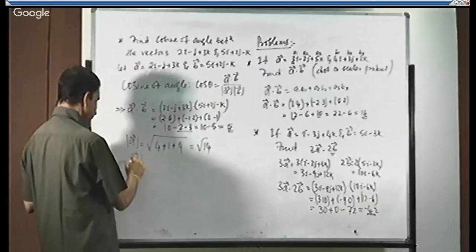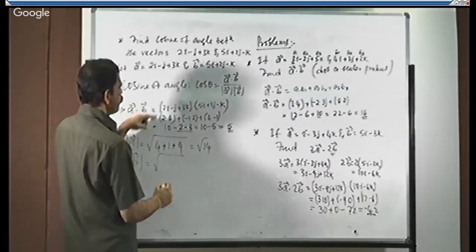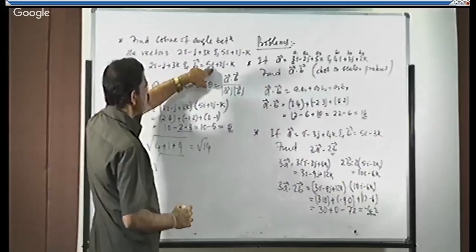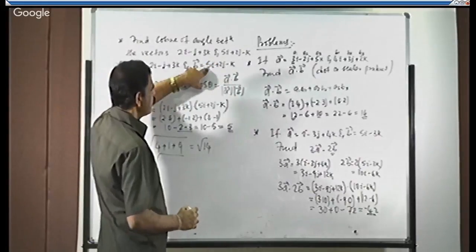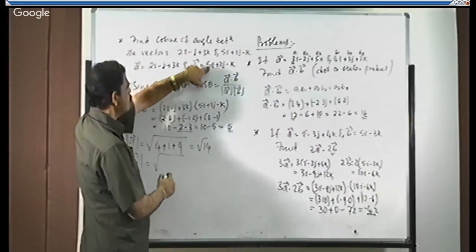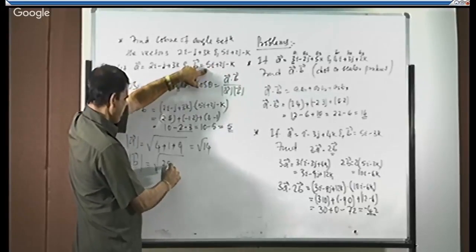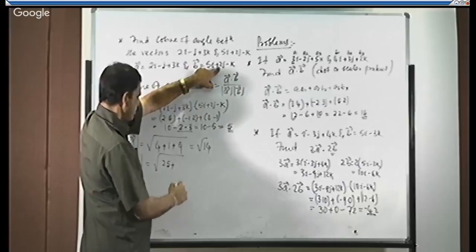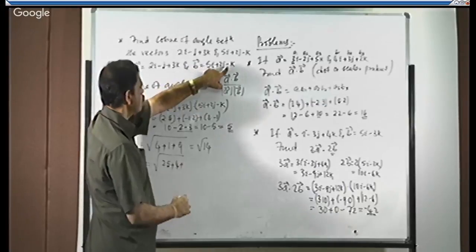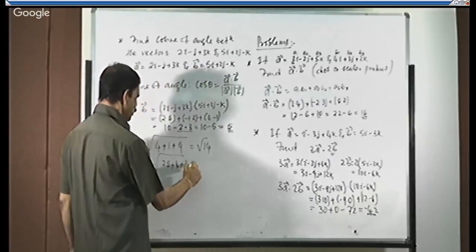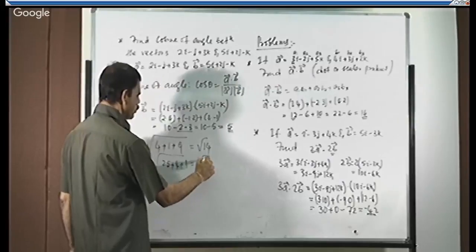Magnitude of b is the root of, what is b? b is 5i plus 2j minus k. Square all the numbers and add them, right? 5 square is 25, plus 2 square is 4, plus 1 square is 1. That is equal to root of 30.